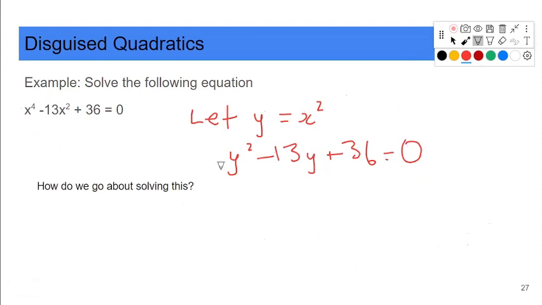And what would be the answers for the equation? Somebody? Anybody? By finding factors of 36, using the 13. I've got to think about that real quick though.